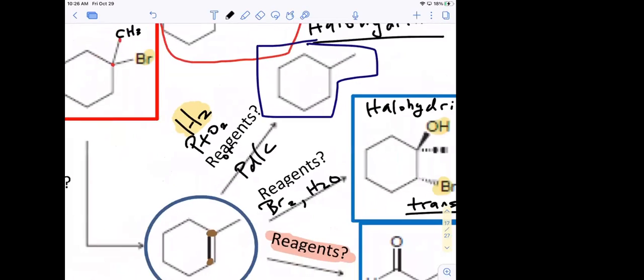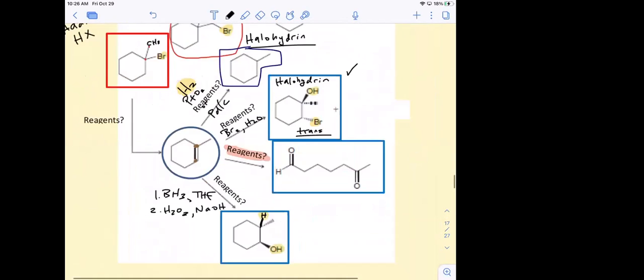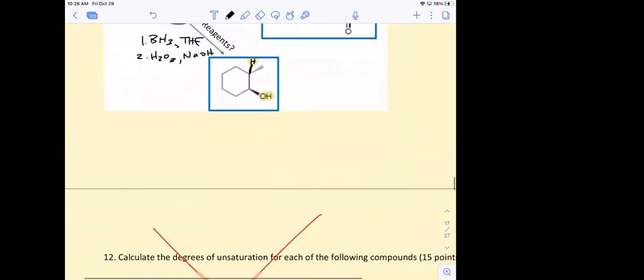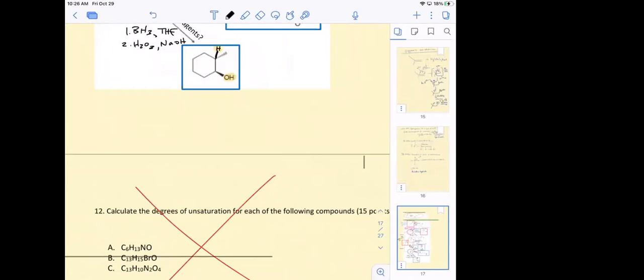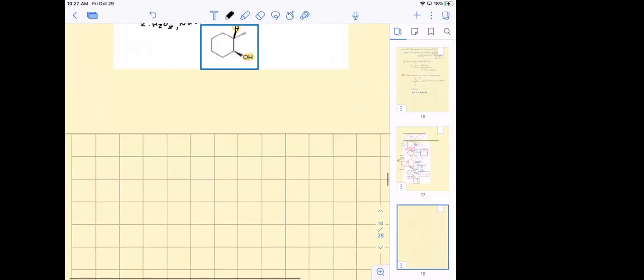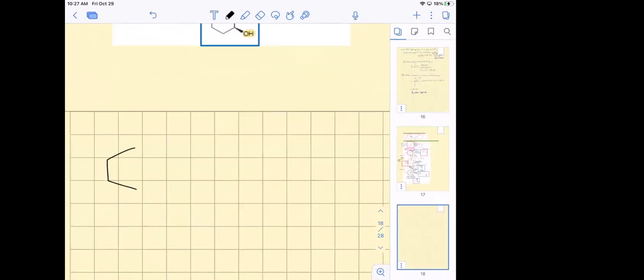All right. So now I want to take, let me see if I can, I'm just going to redraw that. I want to take the ozonolysis and discuss that. So this is my alkene.